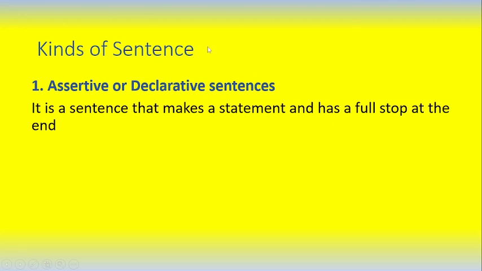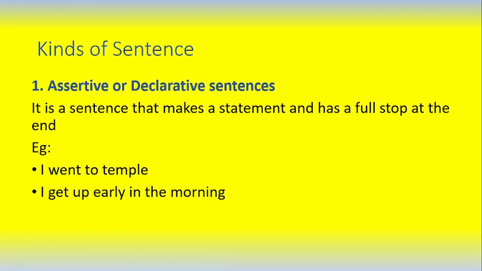Whatever statement we make in our daily conversation is called an assertive sentence. We assert, we confirm, or we declare that this is so and that is so. Example: I went to a temple. It is a statement; I declare that I went to the temple.